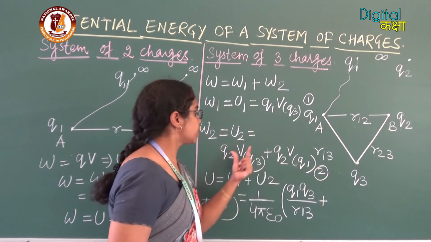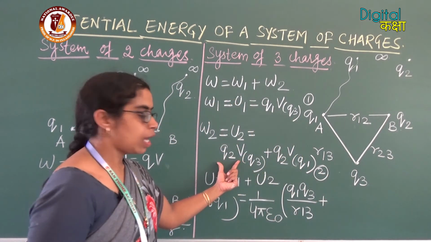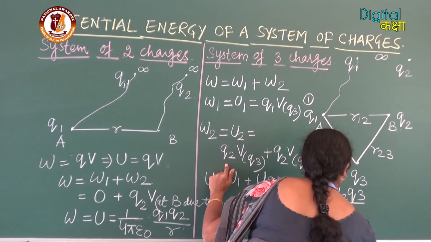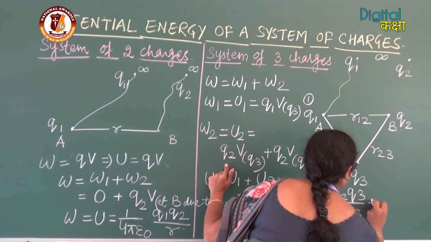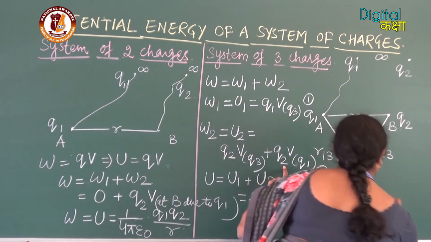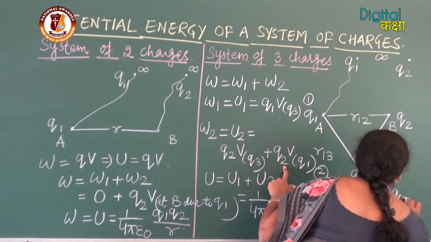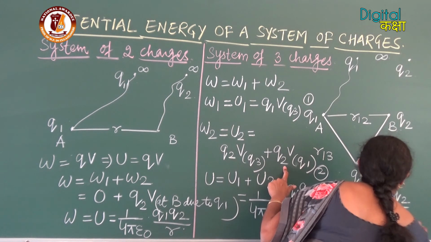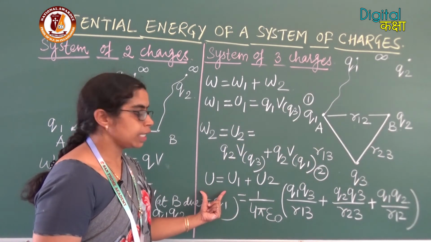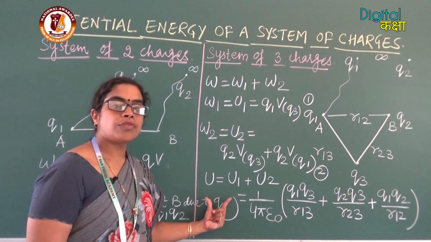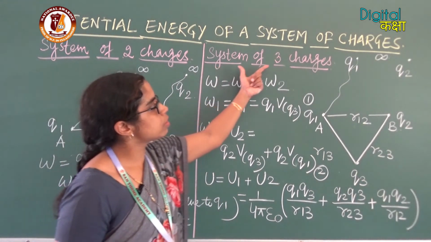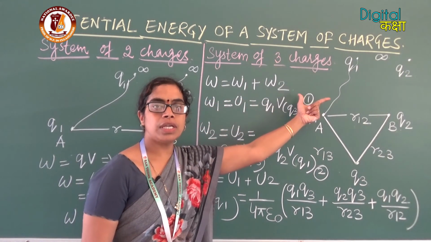From the second equation's first term, I can write Q2 Q3 upon R23, and this term I will be getting as Q1 Q2 upon R12. This way I am getting the complete formula for the potential energy in a system containing the three charges.